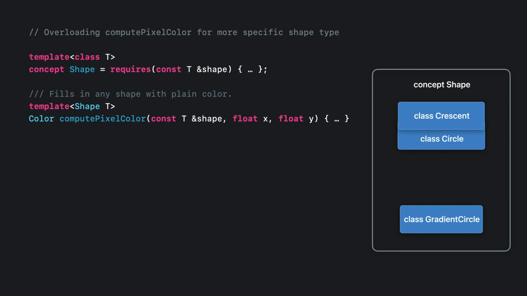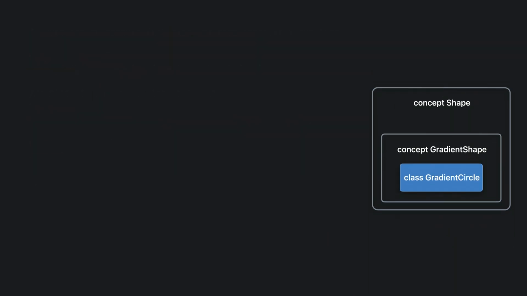C++20 allows me to create multiple variants of the computePixelColor function template. Each variant must be constrained using different concepts. I'm going to create a new gradient shape concept that will be satisfied by classes like gradient circle. This concept will then constrain a new variant of computePixelColor that only works with shapes that have a gradient.